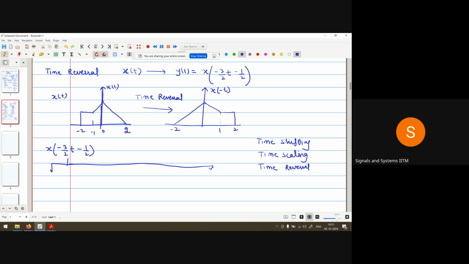For two operations it is not that important, but when all three are applicable to this signal, we have to define which order we have chosen. Why? Because if we initially do the reversal, then the shifting operation, and after that the scaling operation, your answer will be incorrect.